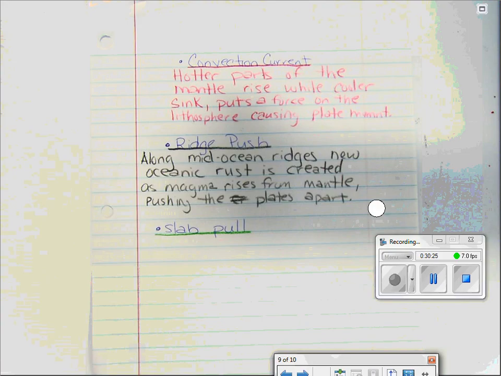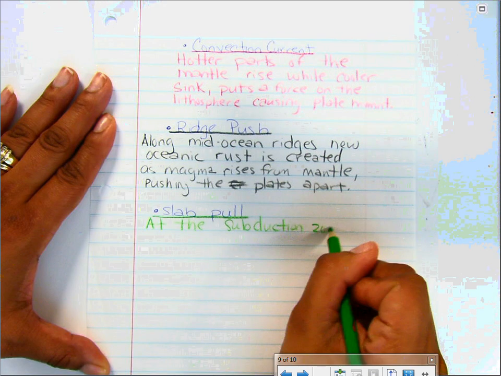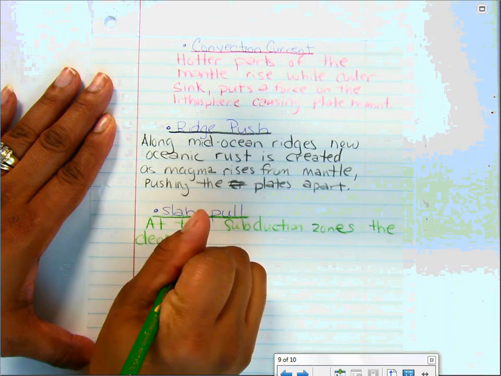So let's go ahead and take our last portion of our note here. What zone is this happening at? Good. At the subduction zone. The denser, what plate is denser, oceanic or continental?